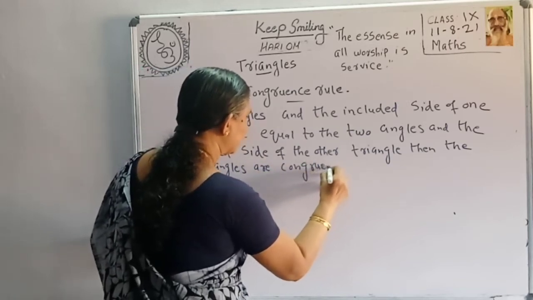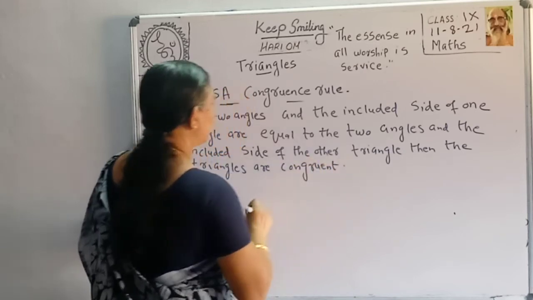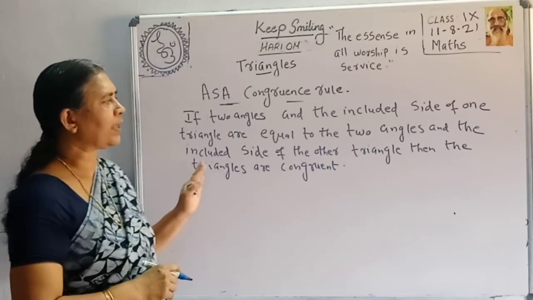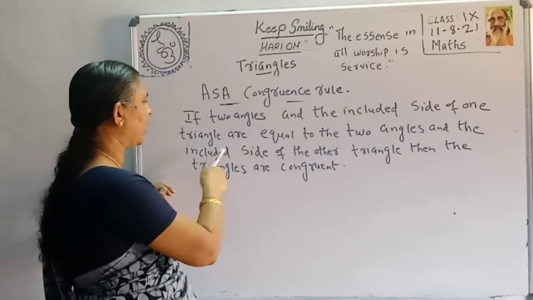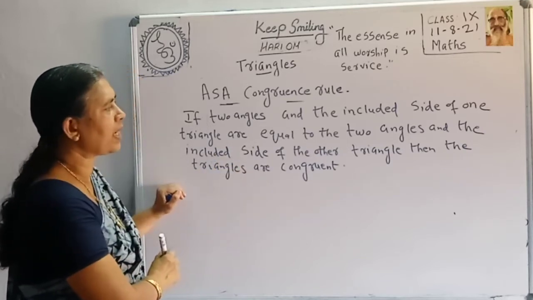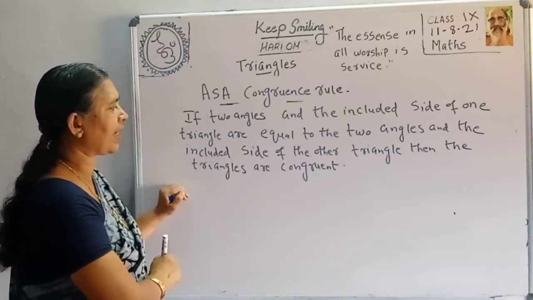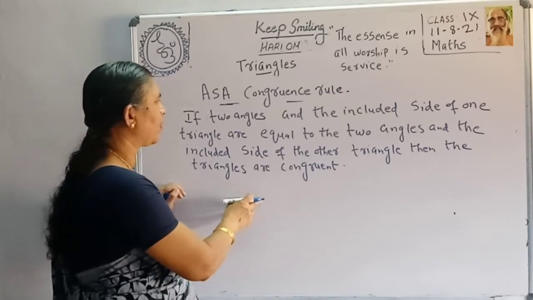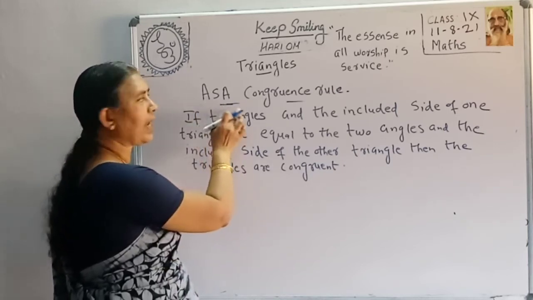So what is ASA congruence rule? If two angles and the included side of one triangle are equal to the two angles and the included side of the other triangle, then the triangles are congruent. That is angle side angle.